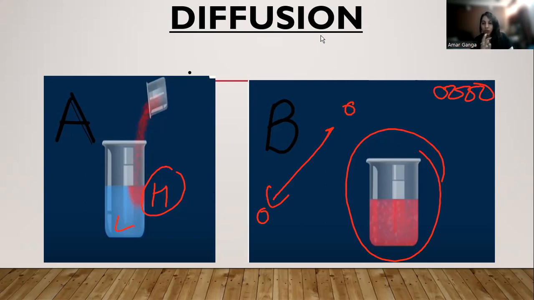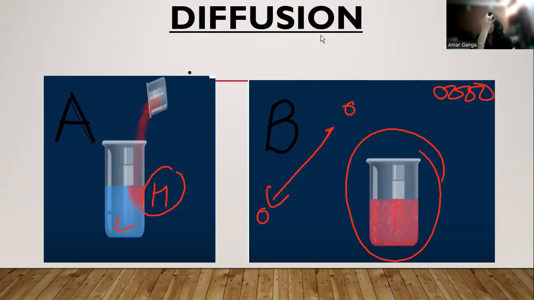In all three, solid, liquid, gases, diffusion is completely different. Okay, so there are two types of diffusion: simple diffusion and facilitated diffusion. Facilitated diffusion examples in our body are breathing, as well as kidney filtration.